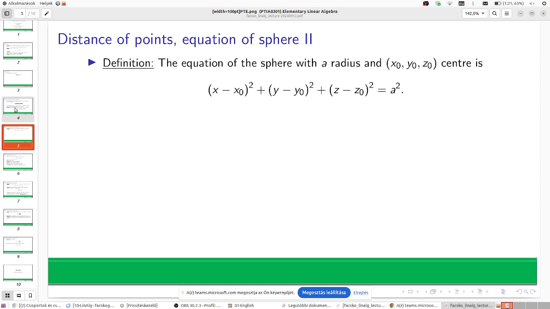I should call my daughters because they can draw much nicer than me. So this is the center of this point, and we have this variable.